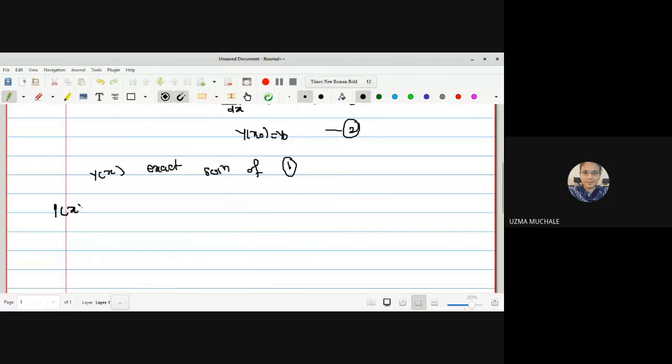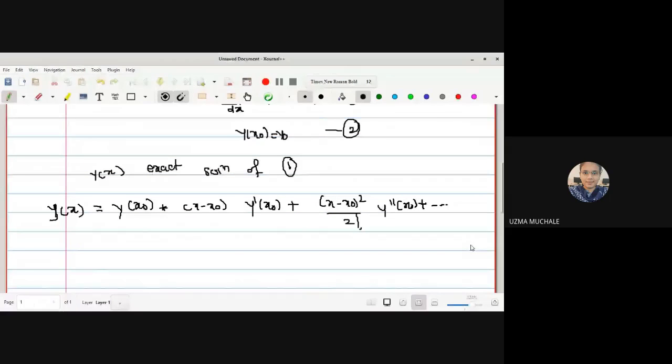Since our initial value is given to us, that is y of x naught is equal to y naught, from equation 2, we can write this in the form of Taylor series as y of x is equal to y of x naught plus x minus x naught times y dash of x naught plus x minus x naught square divided by 2 factorial times y double dash of x naught, and so on. This is our Taylor series, which we have written in terms of x naught, since x naught is the initial point provided to us.